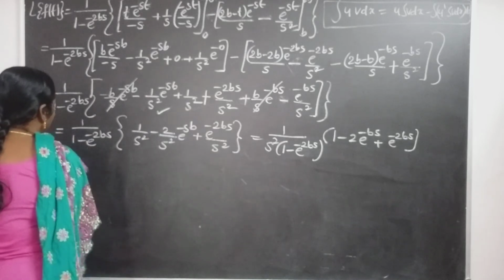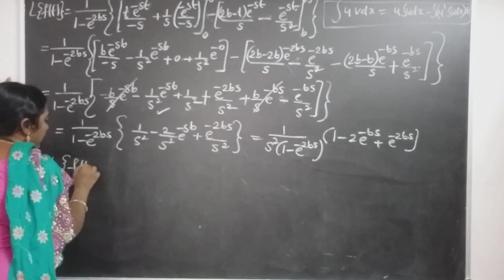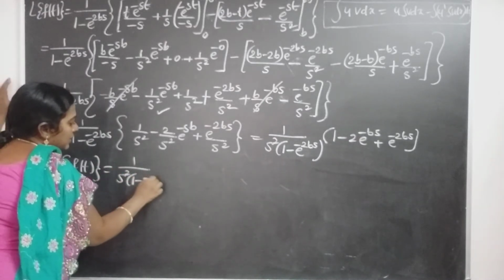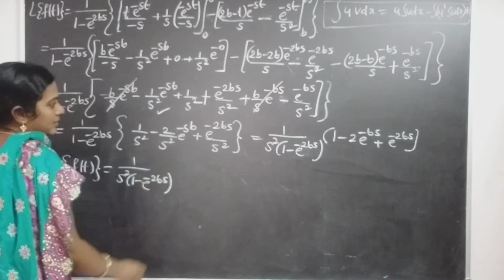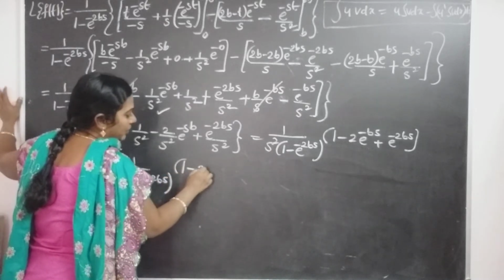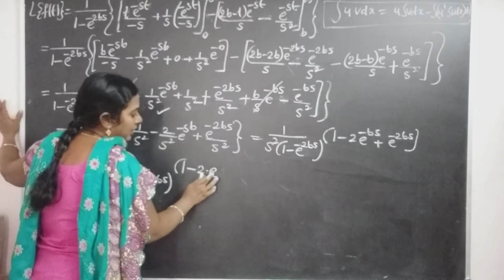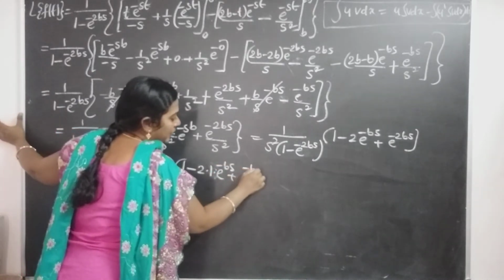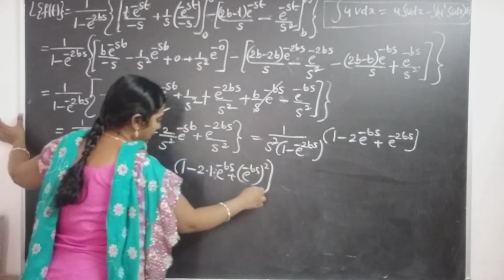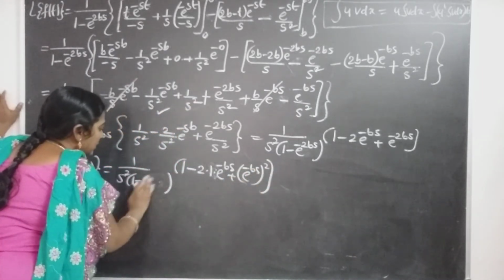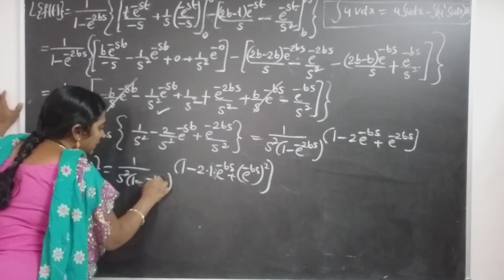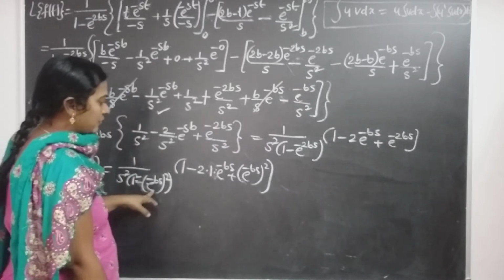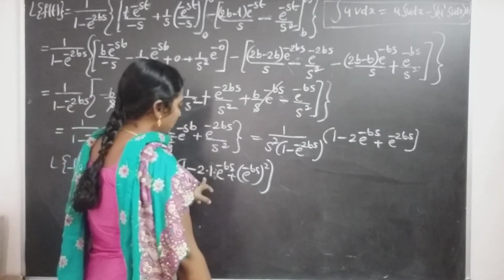It is equal to L of f of t equal to 1 by s square into 1 minus e power minus 2bs, into 1 minus 2 e power minus bs plus e power minus 2bs, which is in the form of 1 minus 2 into a is 1, b is e power minus bs, plus e power minus bs whole square. It can also be written as 1 minus e power minus bs whole square, the a square minus 2ab plus b square form.